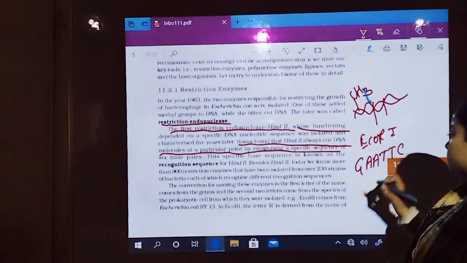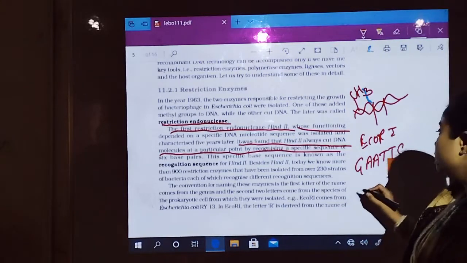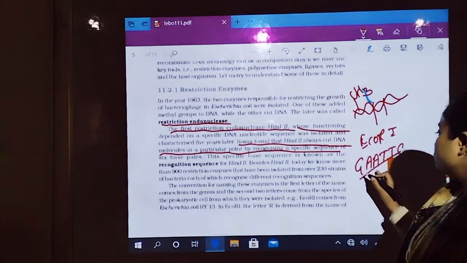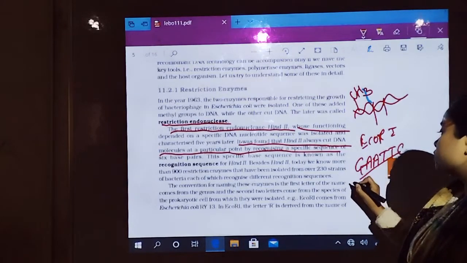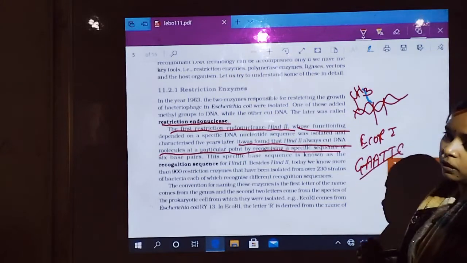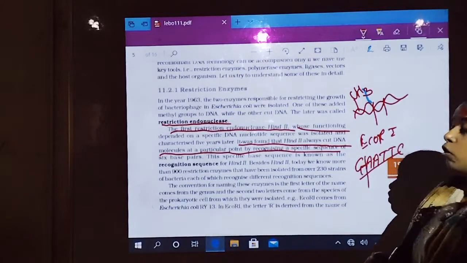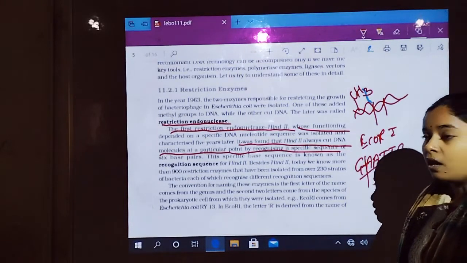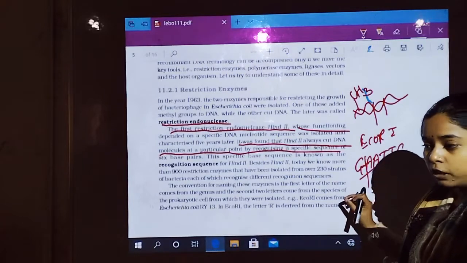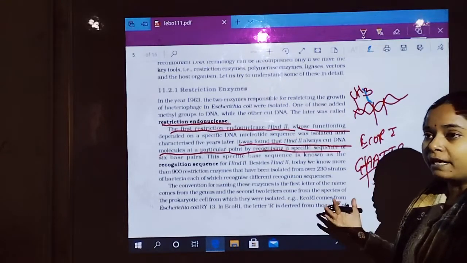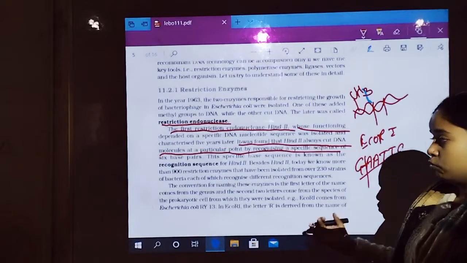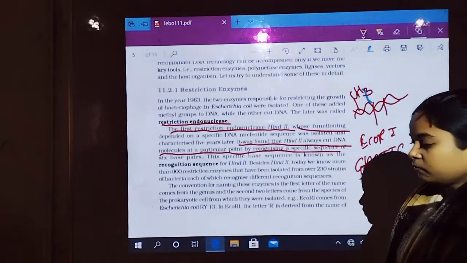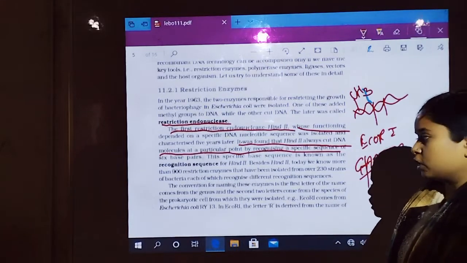When it finds this sequence on the DNA molecule, it cuts only the phosphodiester bond present between the guanosine and adenine. So the action of the endonuclease enzyme is quite specific, because if it is not specific, it forms more than one fragment of DNA that is not required during the modification of DNA.